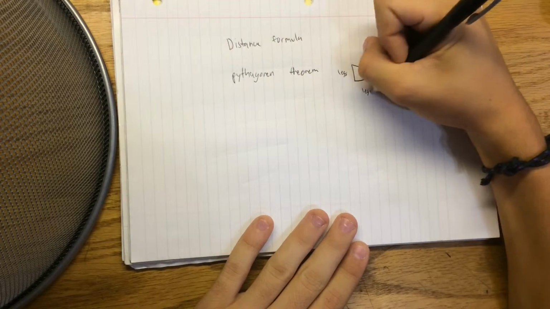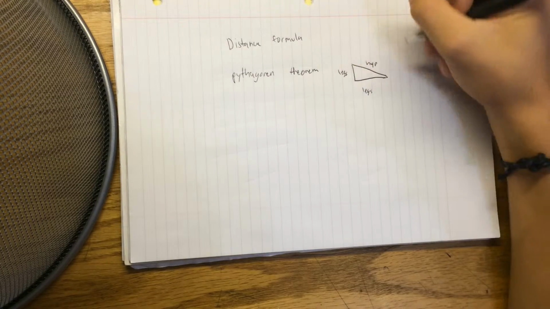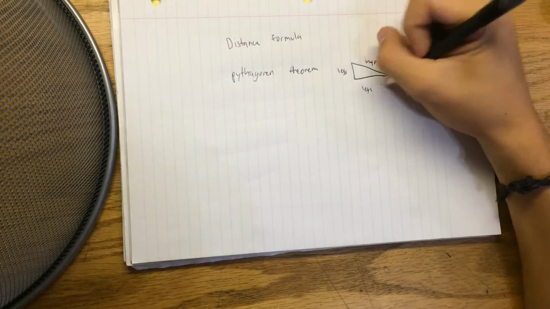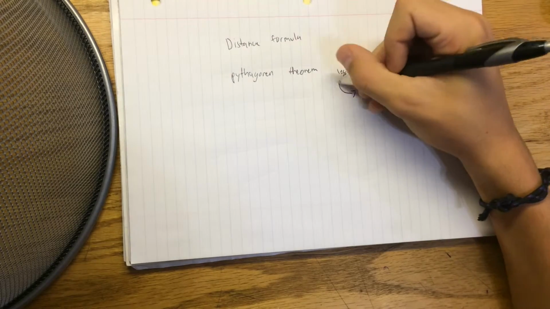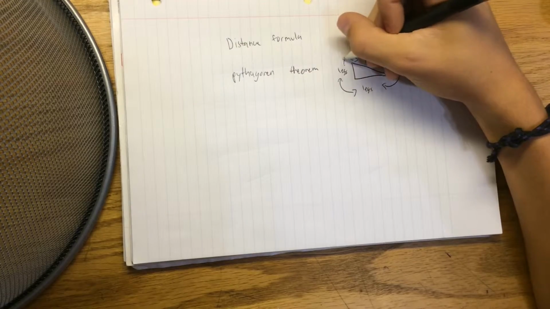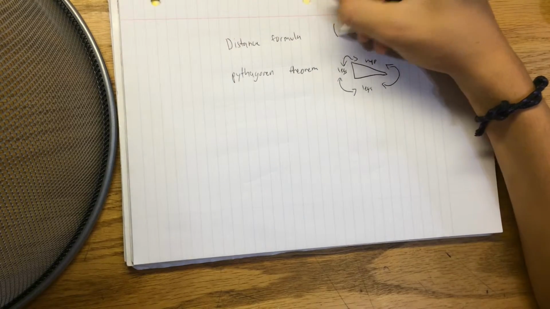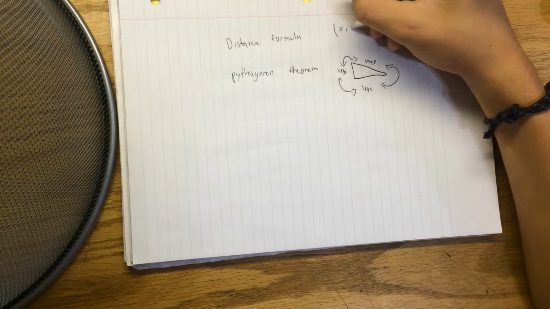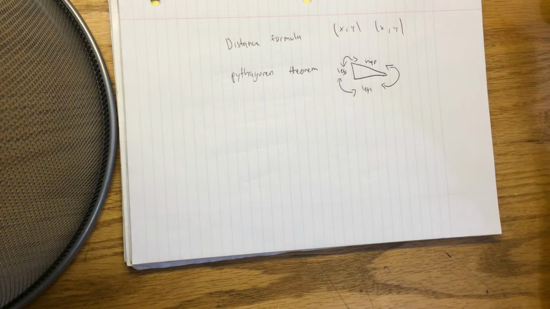I don't think I mentioned that. Or the hypotenuse, which is this third, longer side. And remember, you have to have at least 2 pieces of information to find the third. And for the distance formula, what you'll need is 2 points, x and y, and that will let you find that.